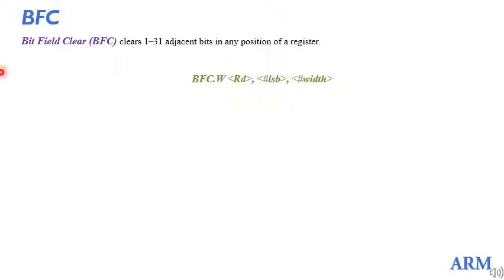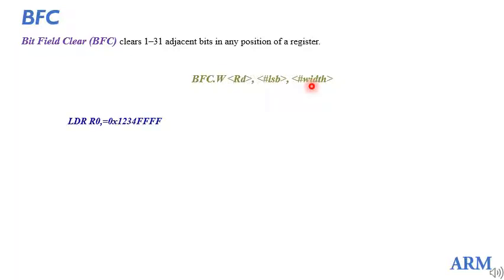Now we'll look into the example for each of these instructions. First one is BFC, that is bit field clear. Clears 1 to 31 adjacent bits in any position of a register. So the syntax, as we already have seen, is BFC.W Rd hash LSB hash width. So we'll see the instruction directly.